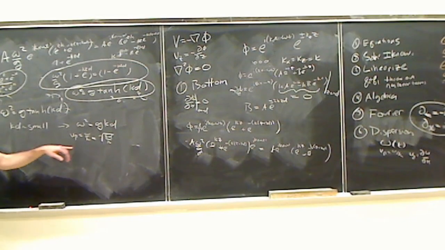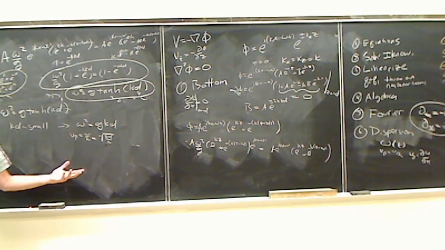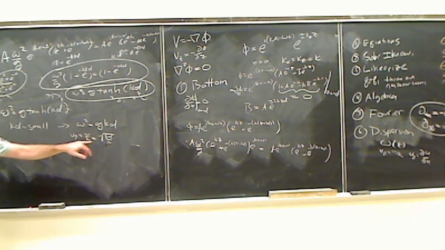So now my phase velocity depends on k. So different waves of different sizes travel at different speeds. And you get a similar expression for the group velocity. And it's because of the boundary. Now in this limit, this is the deep water equation. So this is k times d is small. That means the depth of the ocean is small compared to the wave. And that's dispersive. Even though the boundary needs to be there, you're also saying that you're far away from it.